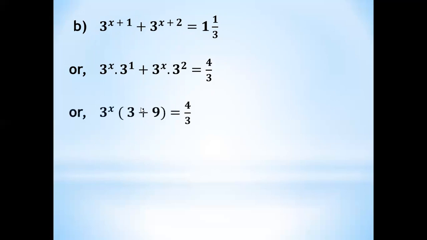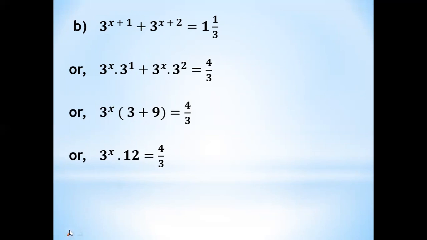When we take out 3 to the power x, 3 to the power 1 remains from the first part, that is 3 itself, and 3 square remains from the second part, that will be 9. As it is in addition form, 3 plus 9, so 3 to the power x times 12 equals 4 by 3.